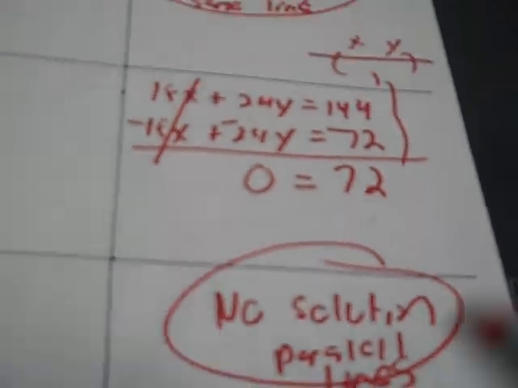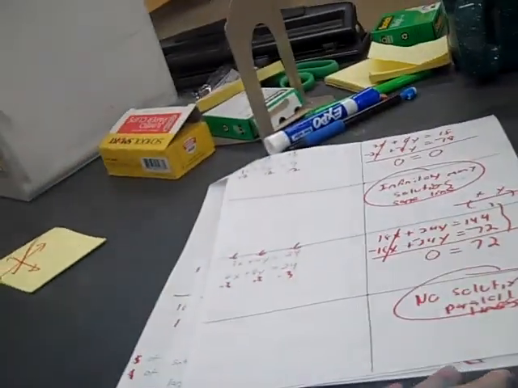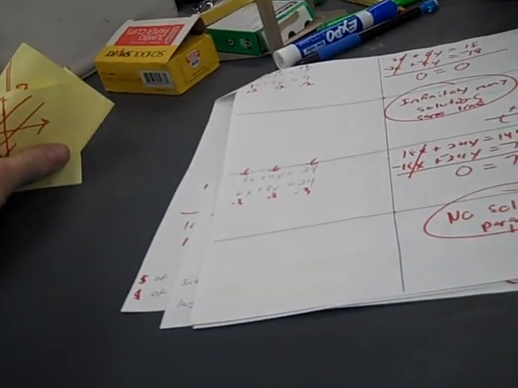Well, they're never going to cross. So they don't cross in a point, they're parallel lines. So that's what you write. They're not the same line, instead they're parallel lines. No solution, parallel. Okay, so that really hasn't happened, but that's part of the unit. I really didn't have time to get into that in great detail, so now is my opportunity.